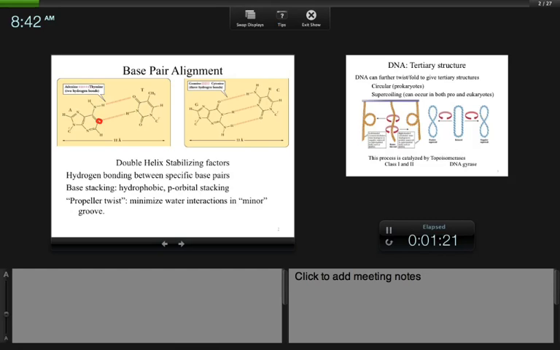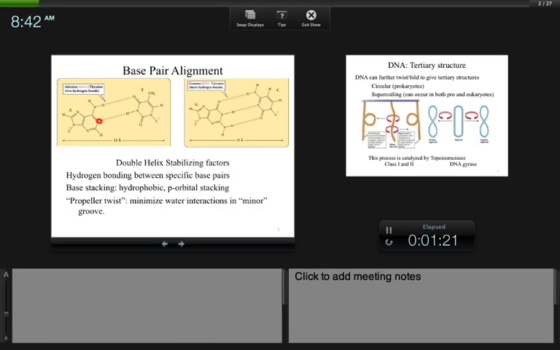So if we looked at our cytosine to adenine interaction, we'd have 2 hydrogen bond donor interactions bumping up against each other, and then 2 hydrogen bond acceptor interactions bumping up against each other. So we wouldn't get a favorable hydrogen bonding interaction at all between our cytosine and our adenine. Everybody kind of see that? So that hydrogen bond interaction is our favorable one, and that's the one that's going to maintain and allow for proper helix formation.